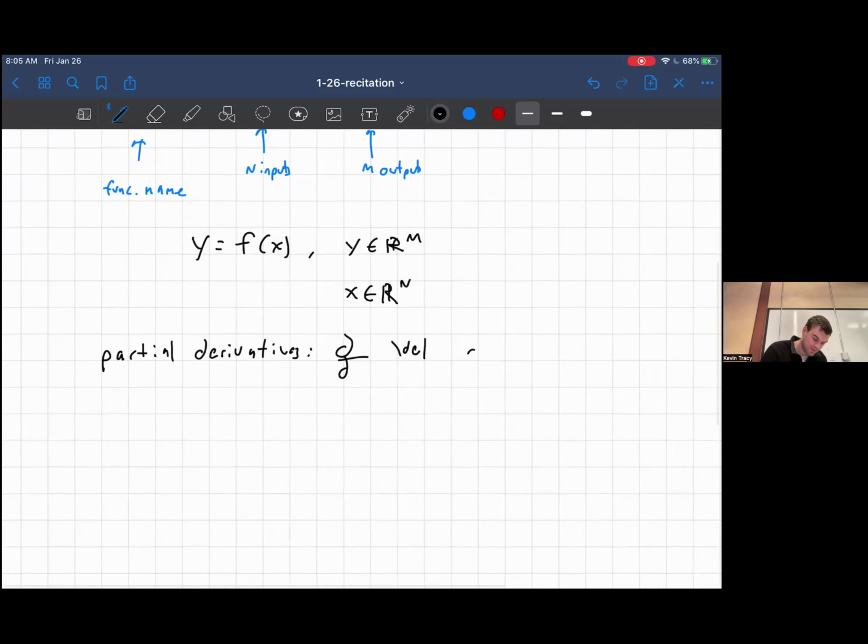This is different than the full derivative, which is d over d. So partial looks like this, full derivative looks like this. So for instance, if I had y dot, this is a derivative with respect to time, this would be d of y, d of t. What we're talking about are partial derivatives. So this is partial of y with respect to partial of something else, maybe x in this case.